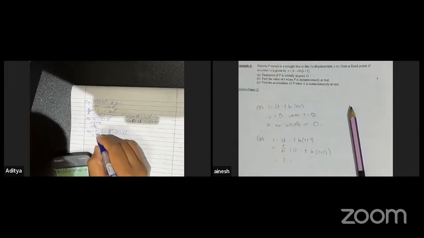Oh, you got the differentiate law. I've given you that. That's a very big number, Aditya. Aditya, focus. Finish.